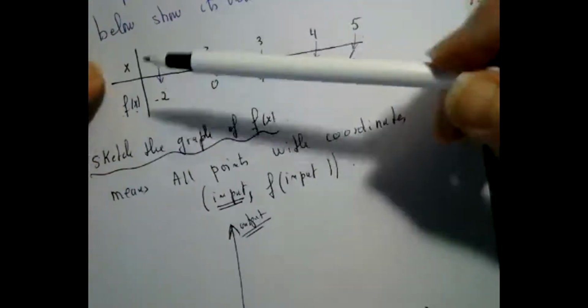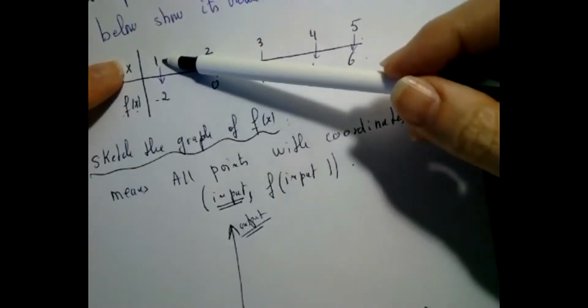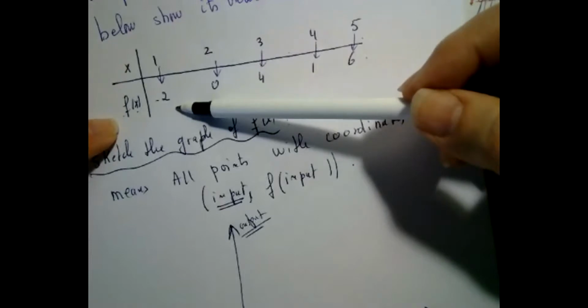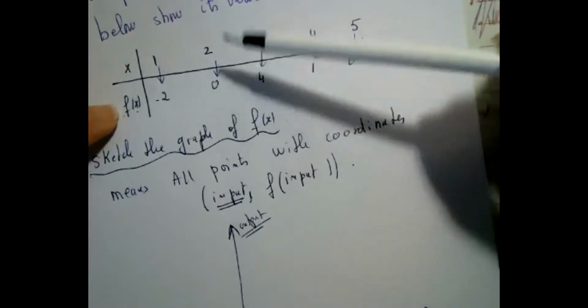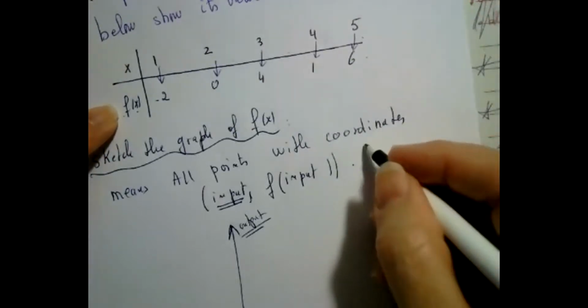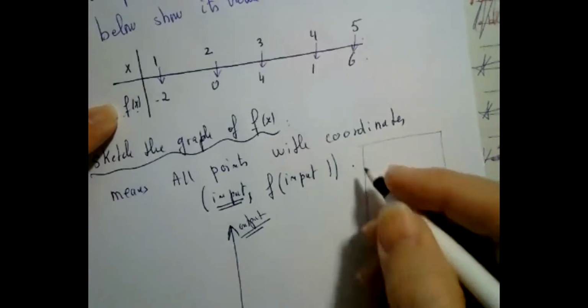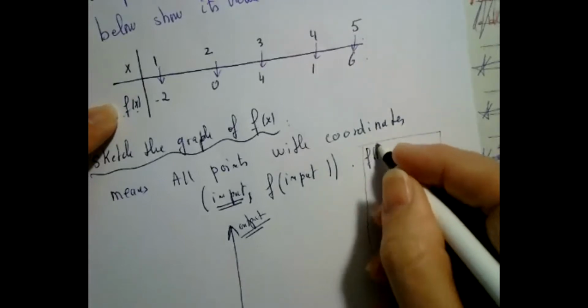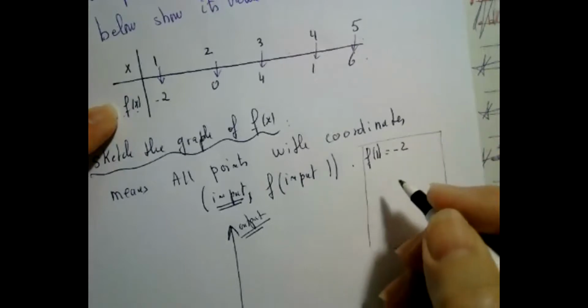And then, these are my input values. What are the outputs? How am I going to sketch the graph? I'm going to sketch the points that have for coordinates 1, f of 1; 2, f of 2. So in this scenario, let's draw a little table here. The value at 1 is -2.